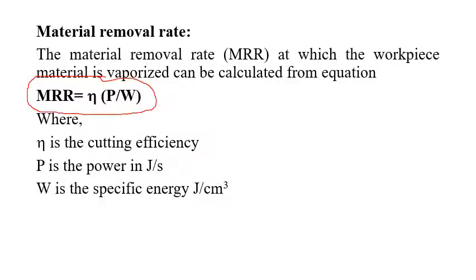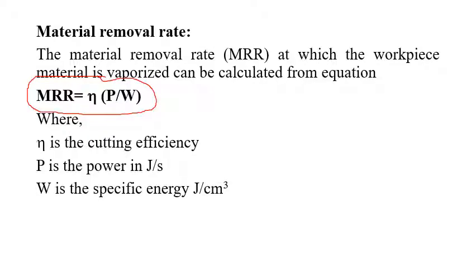Here MRR, material removal rate, equals nu into P divided by W. Here nu is the cutting efficiency, P is the power in joules per second, and W is the specific energy, joule per centimeter cube. These are the things present in the equation.